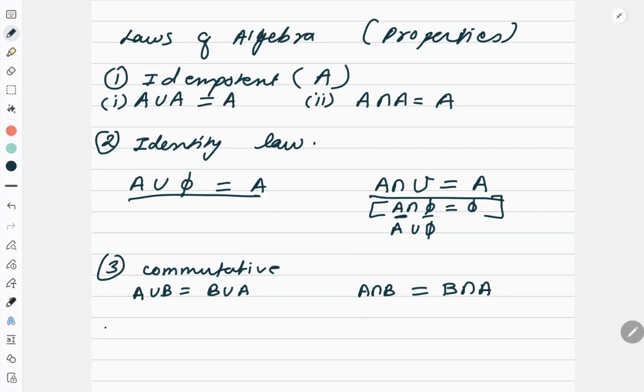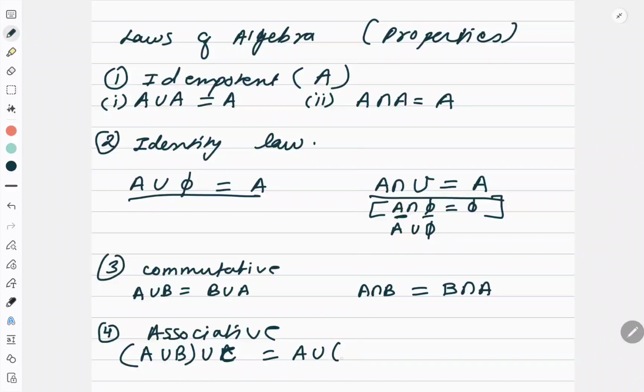Same way you have studied associative law. So same way, A union (B union C) is equal to (A union B) union C. Change of brackets only. Same for intersection.